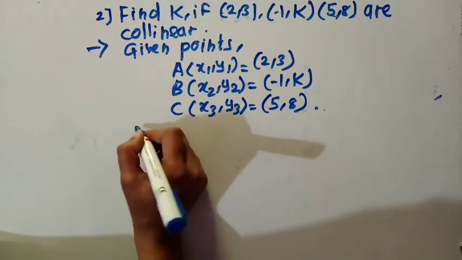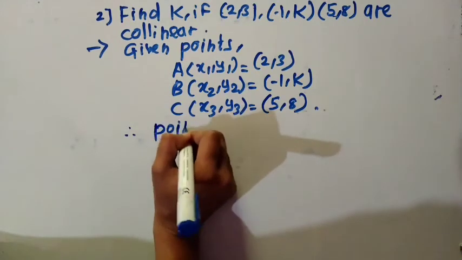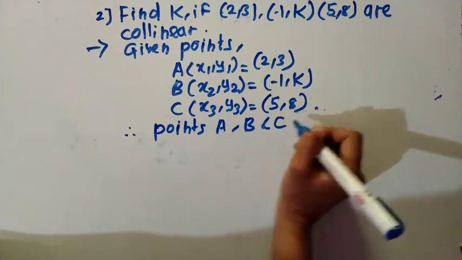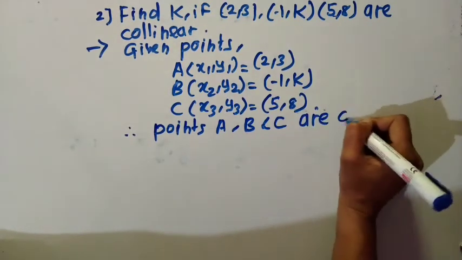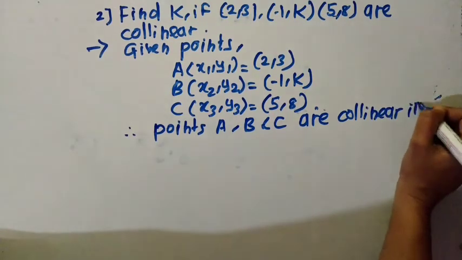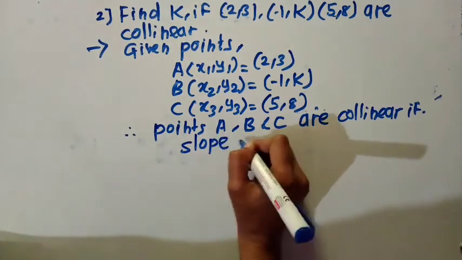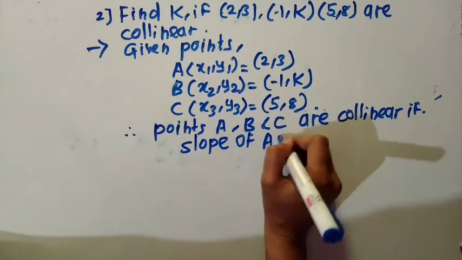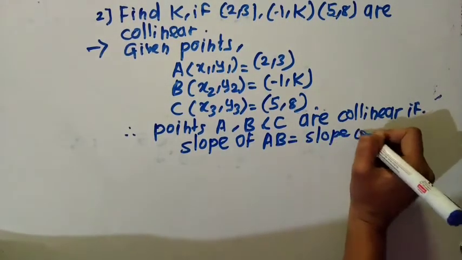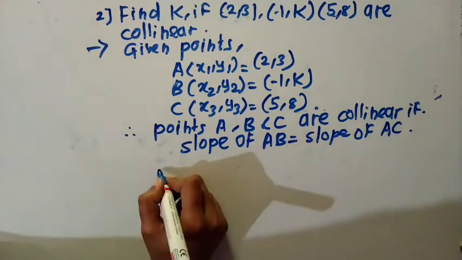Then since points A, B and C are collinear, slope of AB is equal to slope of AC.